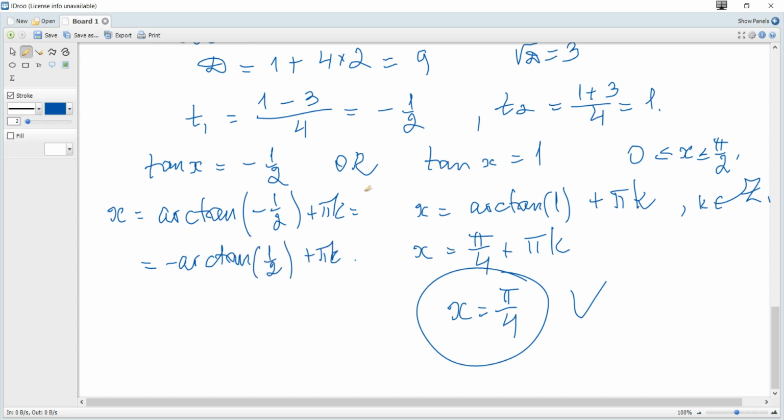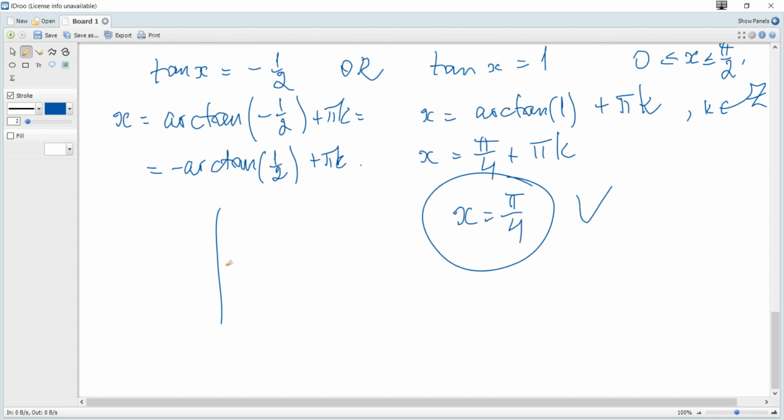And notice that I cannot say what arctangent of a half is, because without a calculator we know only for 30, 45 and 60 degrees. But since we need x to be from 0 to pi over 2, what is arctangent of a half? Since tangent is an increasing function, and arctangent of 1 is its tangent.